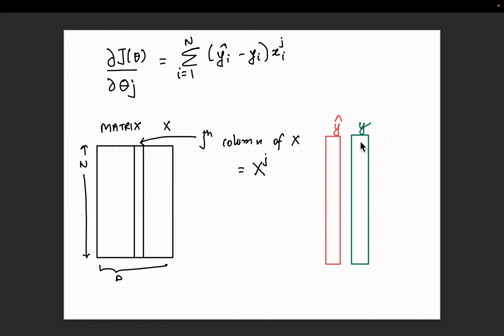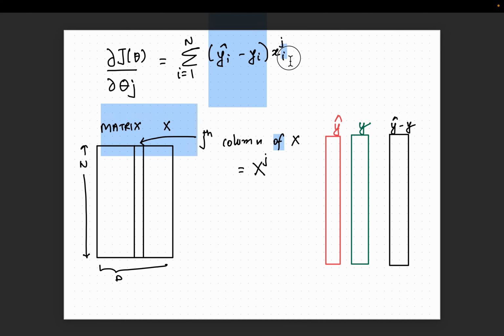Now let's look at this vector y hat minus y, and let's look at what this expression is trying to get us: yi hat minus yi into the jth component of xi, summed over the n examples that we have. We should now write this in terms of the matrix and the vectors rather than the individual scalars. So let's look at the pink component over here.